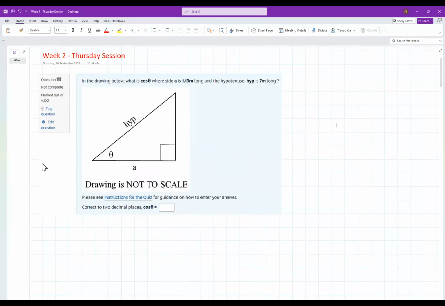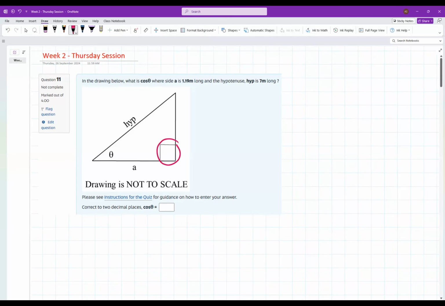Okay, so this is our first problem of today. We have a triangle with a right angle here. If you can see the right angle, and as you know, we have three lines forming this triangle.